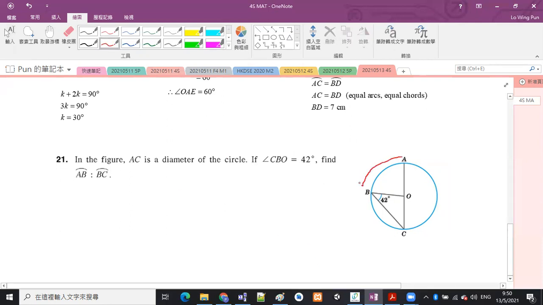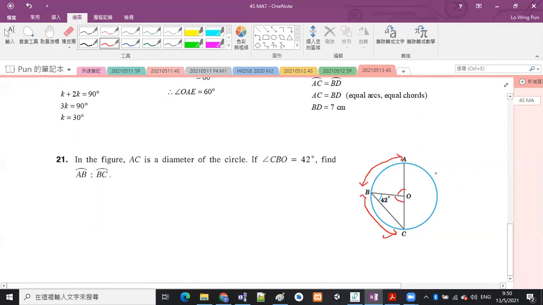Arc AB is this one, and the arc BC is this one. Okay, this one is extremely easy, right? I want to find the ratio of the arcs, but I don't have any length here, so I must use the ratio of angles to refer to the ratio of the arcs. So which angles are looking at these two arcs? First one should be angle AOB, and the second one should be angle BOC, right?